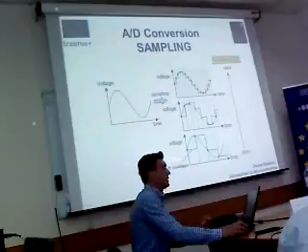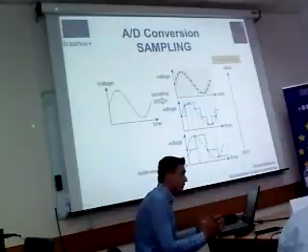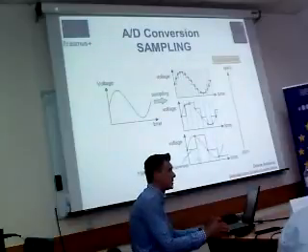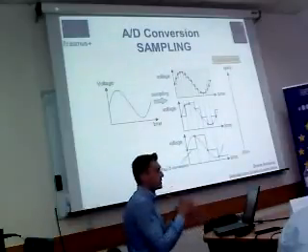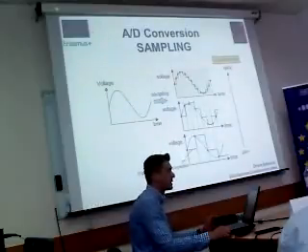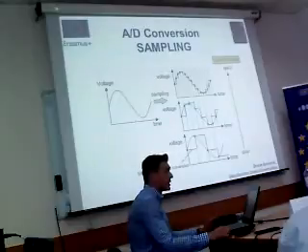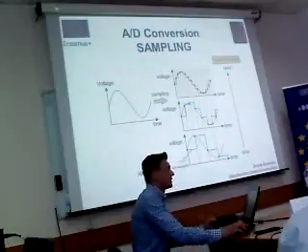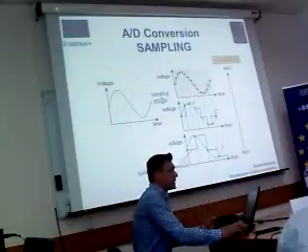So, we know that we can divide analog decimal conversion in steps, in some phases, and the first of that steps is sampling, where the sampling is taking the value of real signal in the specific time.